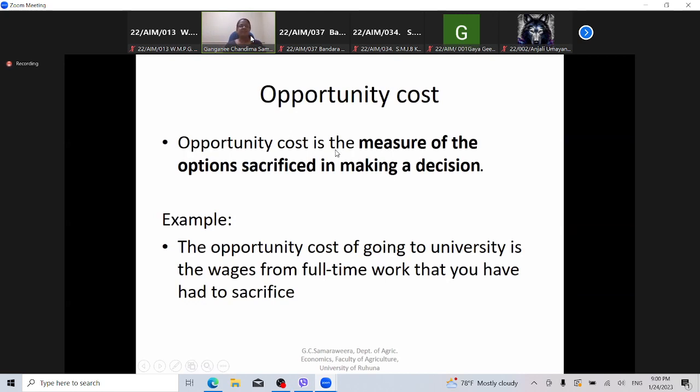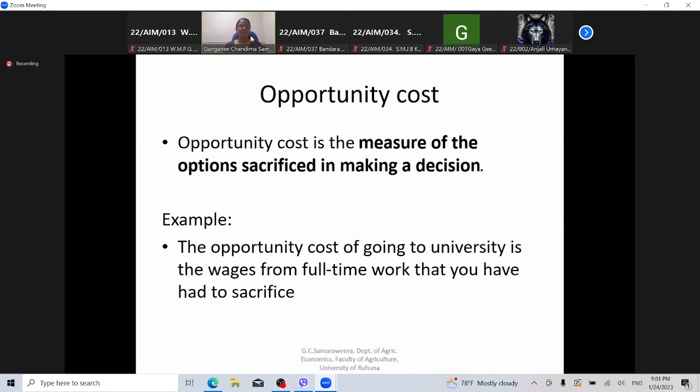Opportunity cost is the measure of the options sacrificed in making a decision. When you are doing a trade-off, you have to have the opportunity cost in mind, because it is the foregone cost.